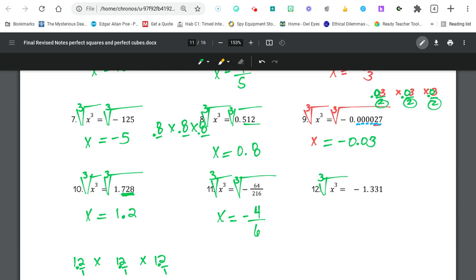Here, the cube root of x cubed is x, and when I see 1,331, I think about 11. So I got 11 times 11 times 11. So where will I put my decimal in my 11? I have 3 numbers here, so put a decimal in between the 2 ones. 1, 2, 3. But it's negative, so it's going to be negative 1 and 1/10.